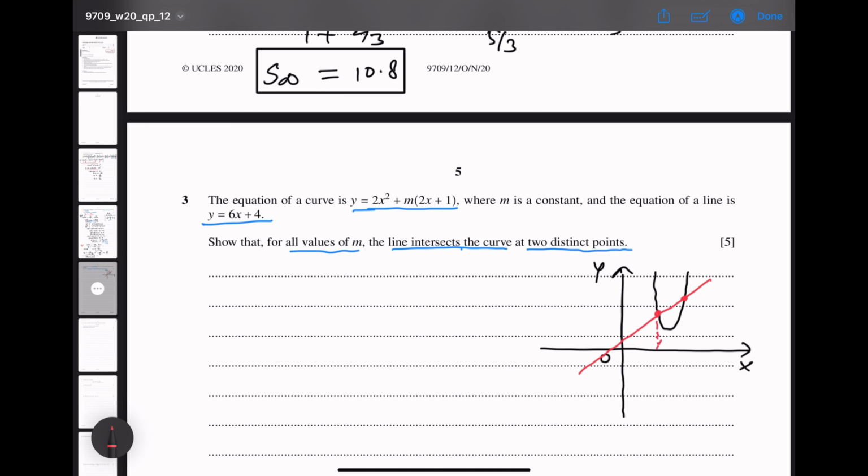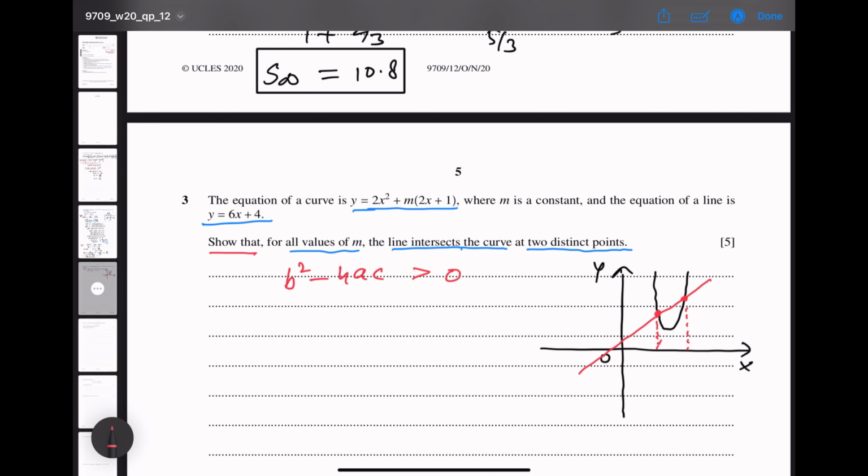So for these two different values of x we get, when the line intersects the curve at two distinct points, this is the discriminant. Discriminant must be positive. So we have to show that the discriminant is positive.